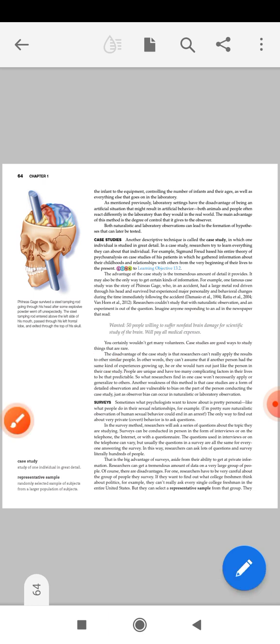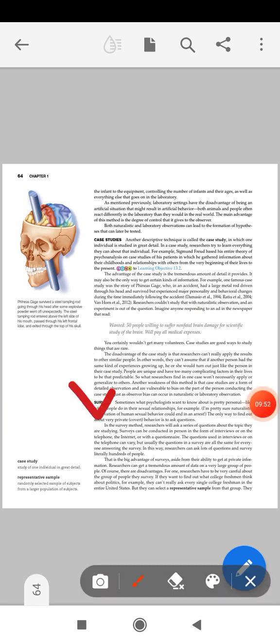Next one is, what are surveys? Now here's a problem with case study or naturalistic observation. Let's say you want to know about the sexual relationship of someone. Can you watch it in a natural environment, or can you apply naturalistic observation here, or can you apply laboratory observation here?